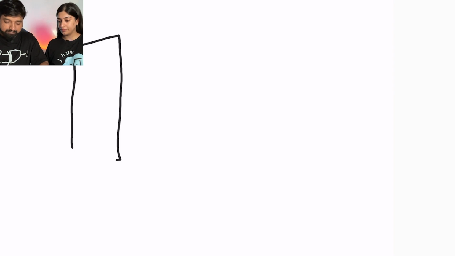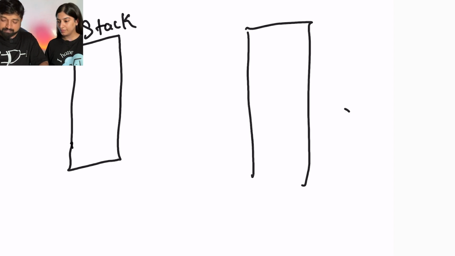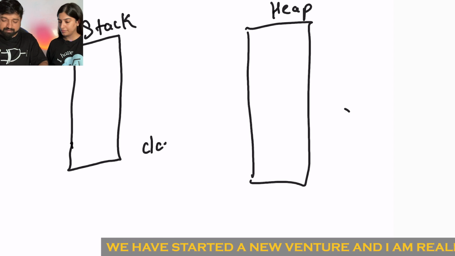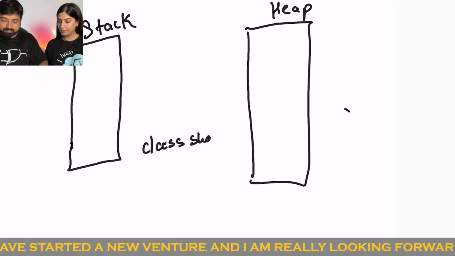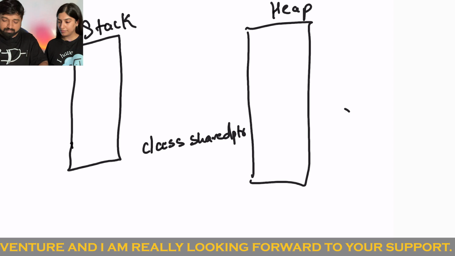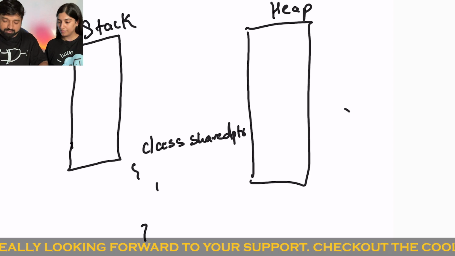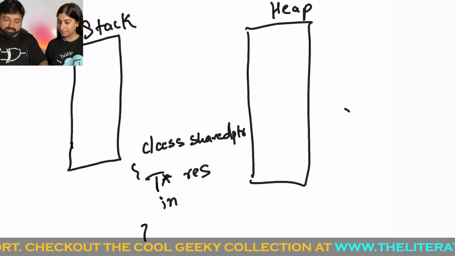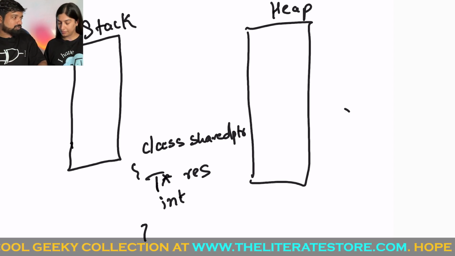What we have drawn earlier also, we'll draw a simple stack memory for a process and the heap memory. Suppose our code was class shared_ptr, and we had a T star resource, and we have to count how many objects are pointing to the same resource.